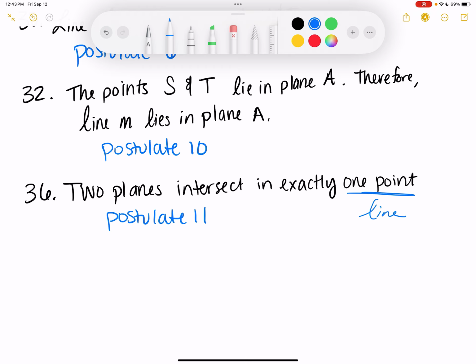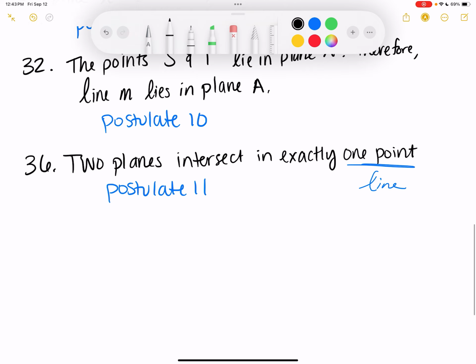All right, the next ones, 40 through 43, say, think of the intersection of the ceiling. So I'm going to make this my ceiling. And the front wall of your classroom.